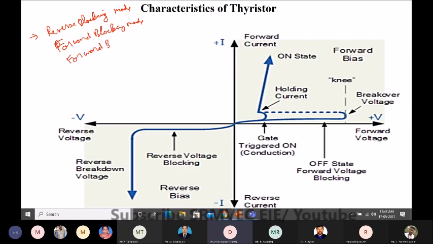These are the important things in terms of characteristics we have to know. So what is the reverse blocking? As it is reverse bias, it is not going to have current, so this is called reverse blocking. Normal thing.